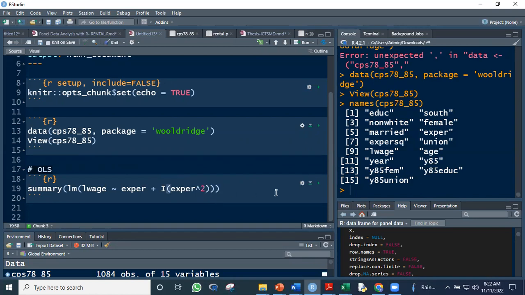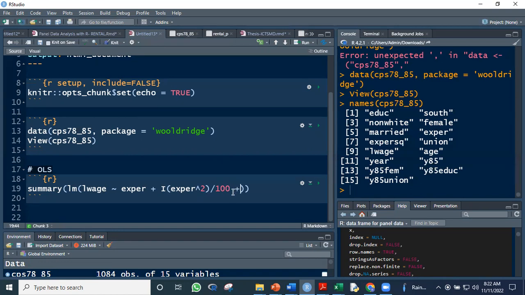All right? Experience squared. And then if we want to use the percentage, divide by 100. Okay, so we're experimenting here, no?